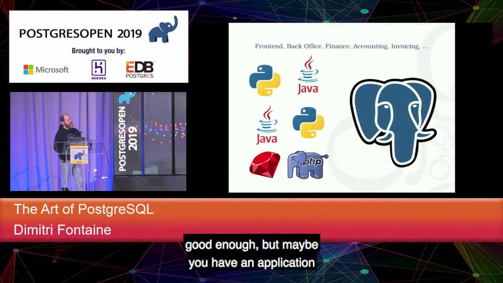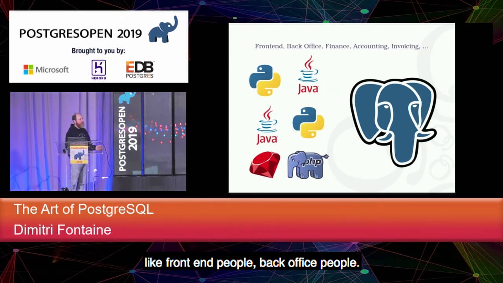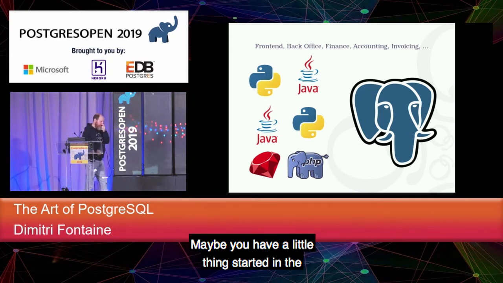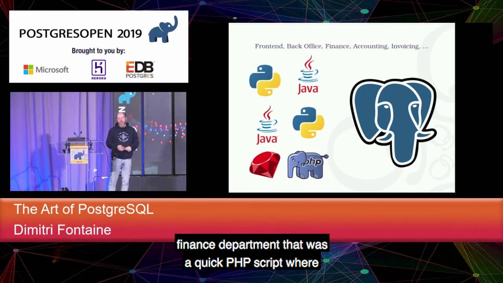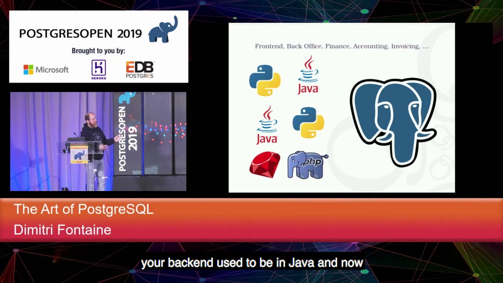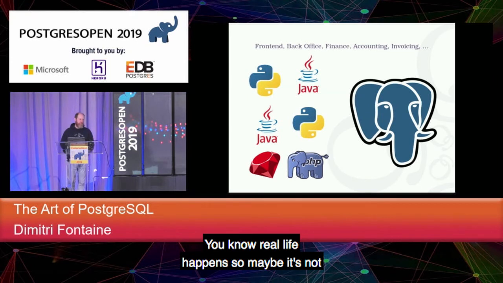But maybe you have an application with different kind of people using it, like front-end people, back-office people. Maybe you have a little thing starting in the finance department that was a quick PHP script where your backend used to be in Java, and now it's rewritten in Django, or things, real life happens.